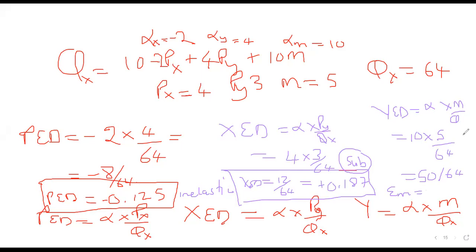Positive 0.78. What type of good is this? Since it's positive, it's a normal good. If it's negative, it's an inferior good. That's all.